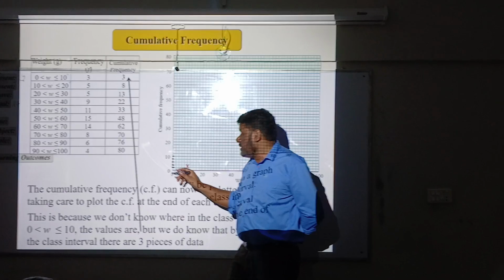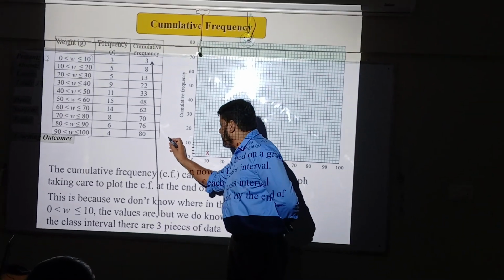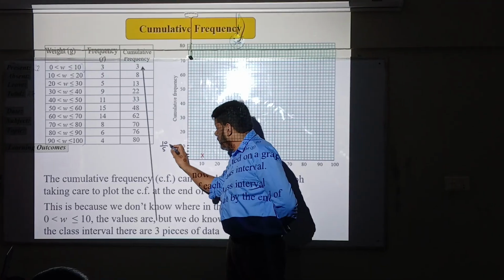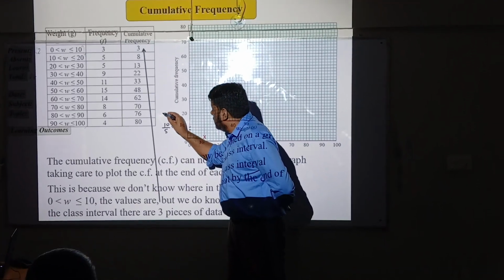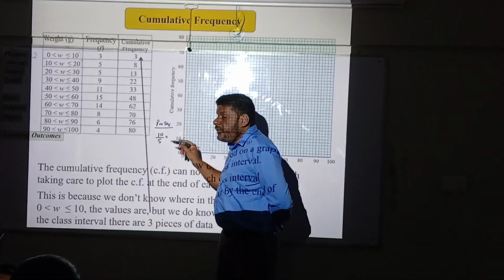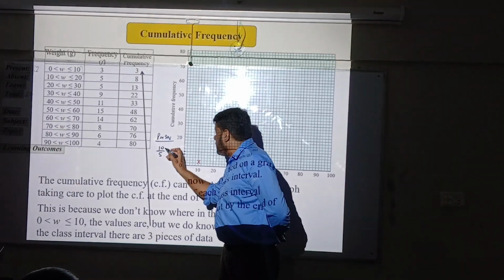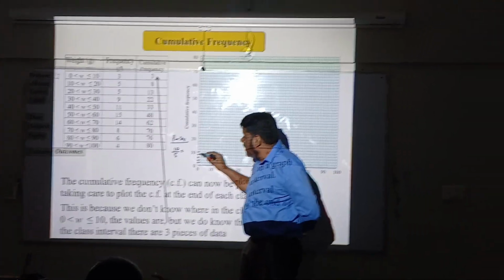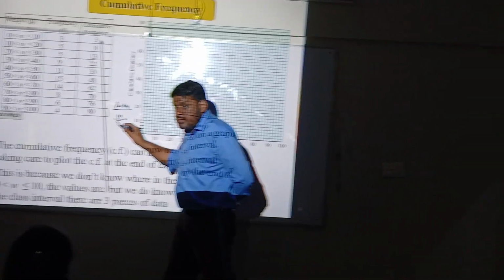Why is it so? Because whatever the scale is given, 10, and the number of small squares is 5. So this is how you find out the value per square. You need to find out the value per small square. So the starting unit is 10 and you are dividing by 5, right?